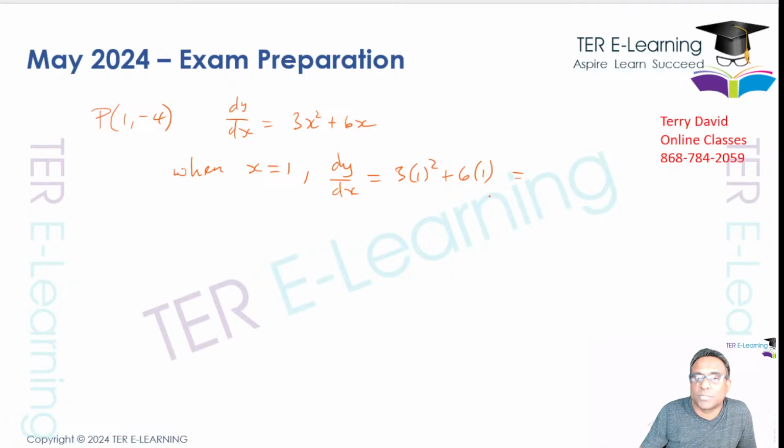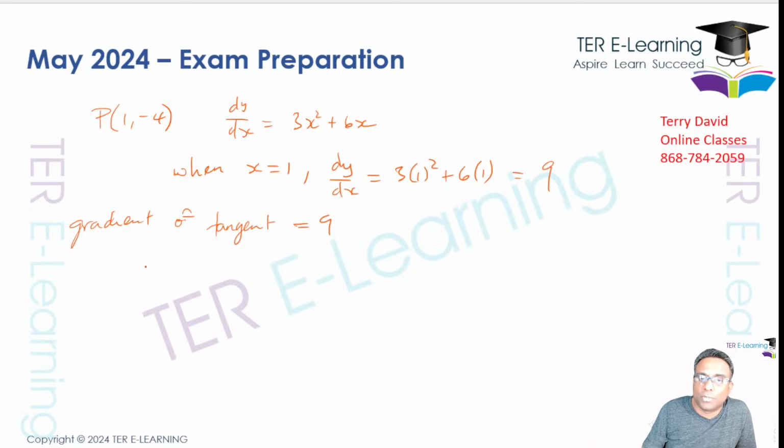So this is going to be 9. So therefore the gradient of the tangent is equal to 9.